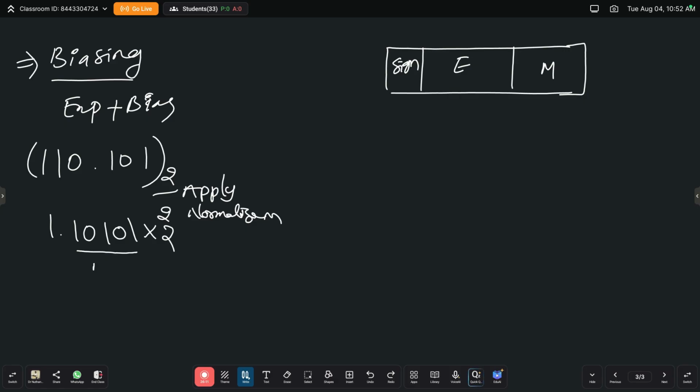This is the exponent. Yes or no? Sign, exponent, mantissa. Okay, you already know that if it is a positive number, you write 0 here. If it is a negative number, you should write 1. Okay? You know that very well. Clear? So, as per this, 0. Then the exponent and the mantissa. What is the mantissa?